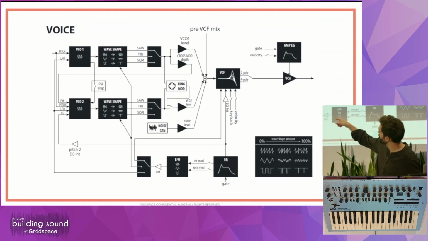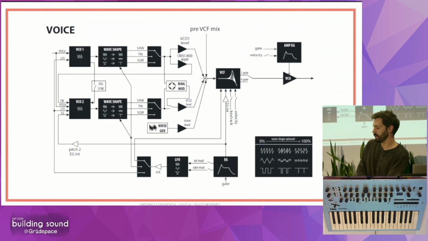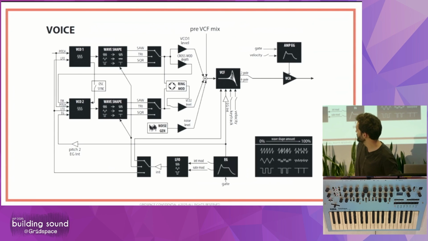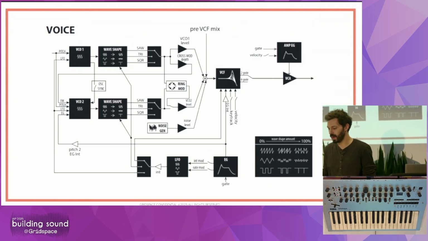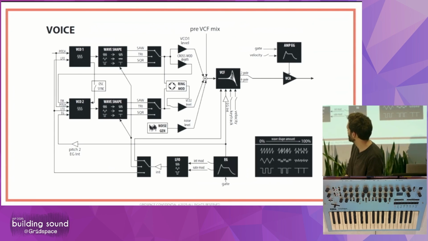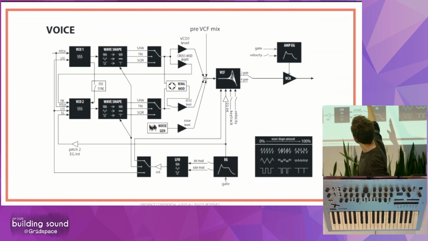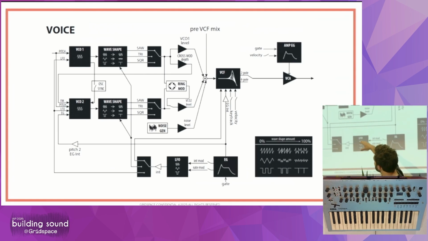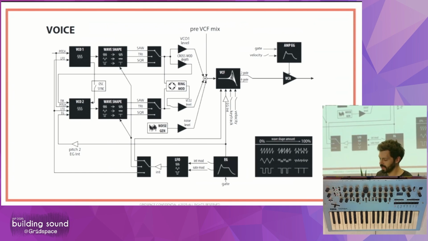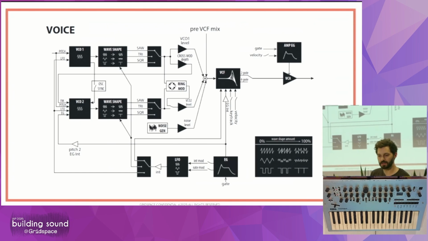So VCOs are what are known as voltage controlled oscillators. Those are the oscillating elements that actually generate noise. And most of these components, right to the left of this VCF block, are all about changing the shape of those oscillators and causing them to interact in different ways.